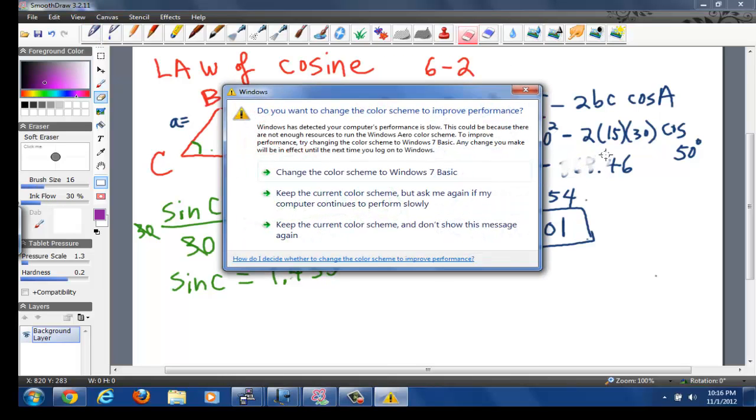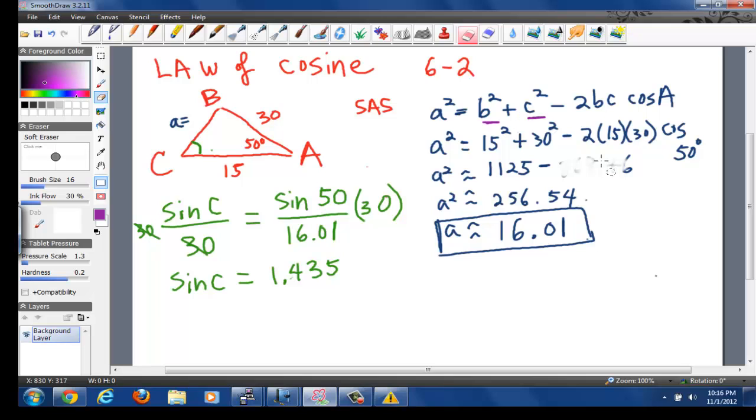It's all wrong right there. The actual number is not that, it's actually 578.50. Let me see if I did that right. Okay, that looks good.